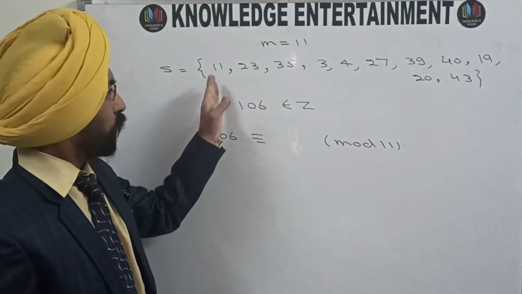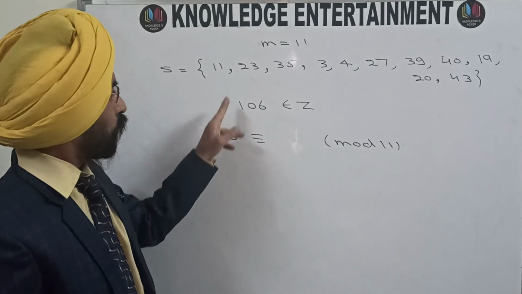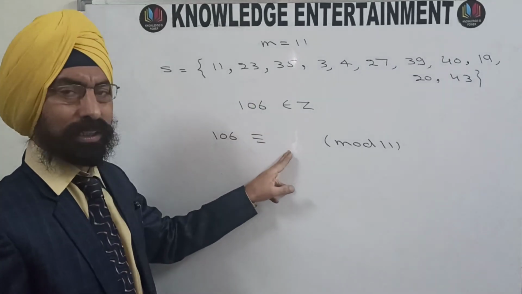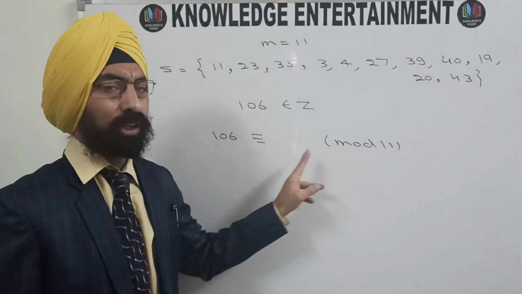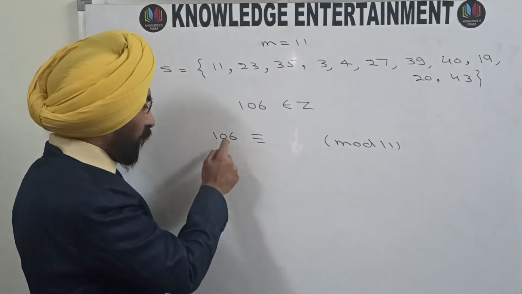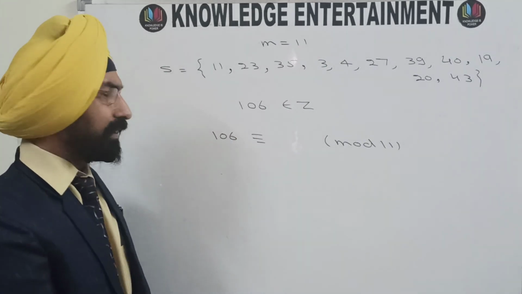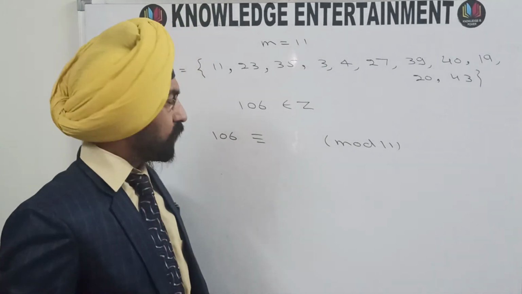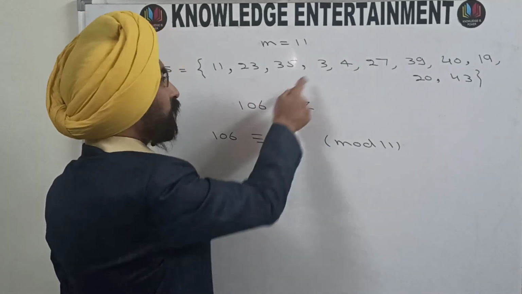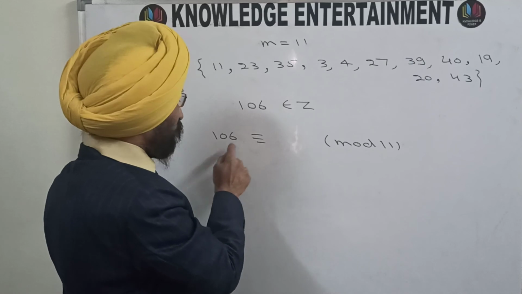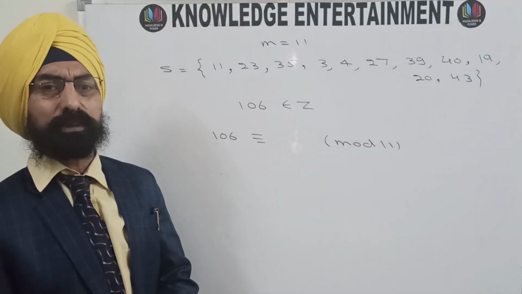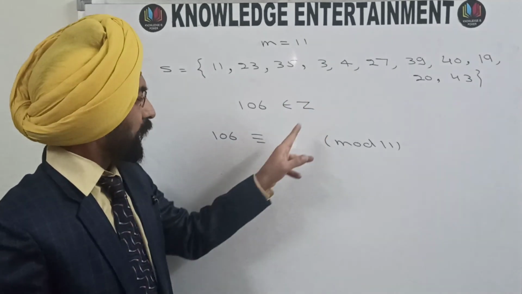So it is not congruent to 11. It is not congruent to 23 also, because in that case 106 minus 23 is 83 and 11 does not divide 83. If you take 35 here, then 106 minus 35 is 71. 11 does not divide 71, so 35 cannot be here also. If you take 3 or 4, 106 minus 3 or 106 minus 4, 103 or 102, both are not divisible by 11. So 3 or 4 cannot be here.